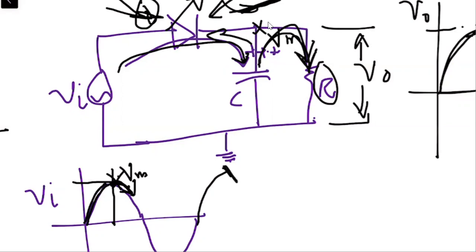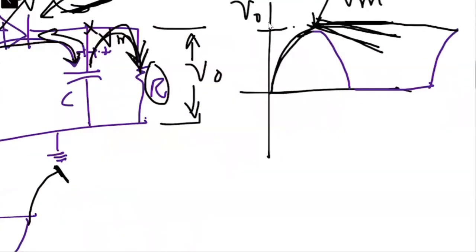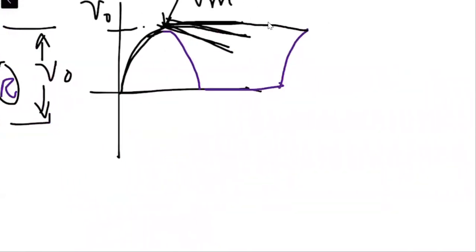At the point where the input becomes equal to the value of capacitor, the capacitor will charge during this portion, right? So during this time, the capacitor will charge only to this point. And again, when the input starts decreasing, the capacitor will have output like this.